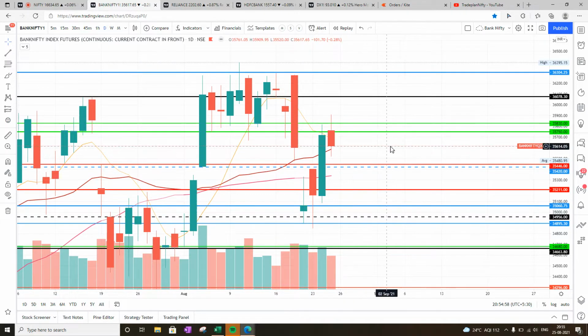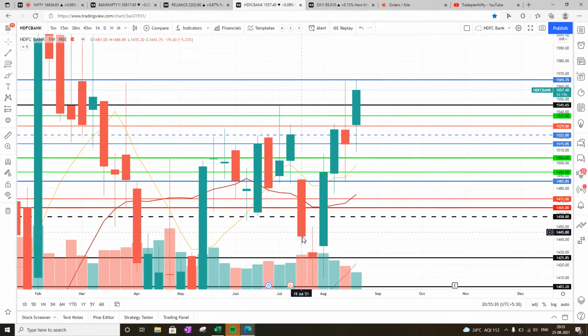On the top side, it is facing resistance between 35,750 and 35,830. If 35,830 is broken, then the next target for Bank Nifty is 36,100. So Bank Nifty is looking all right, no problem here.